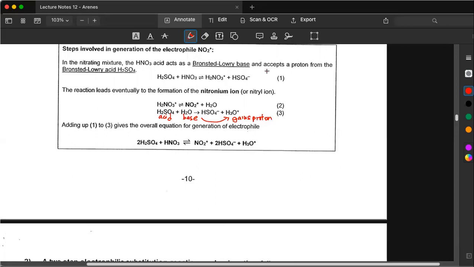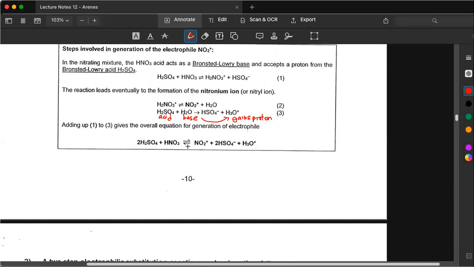So adding equation 1 to equation 3, we will get the overall equation to generate the electrophile. So it will be H2SO4 plus HNO3, okay? And then you have NO2+. So adding these three equations, you get this. And then plus 2 HSO4 minus and H3O+.